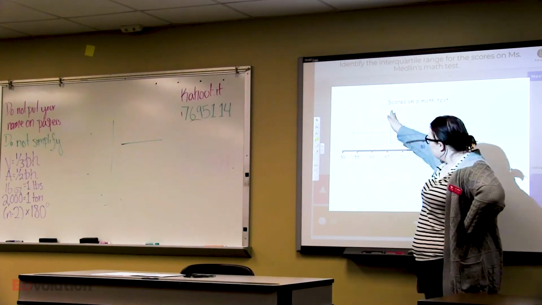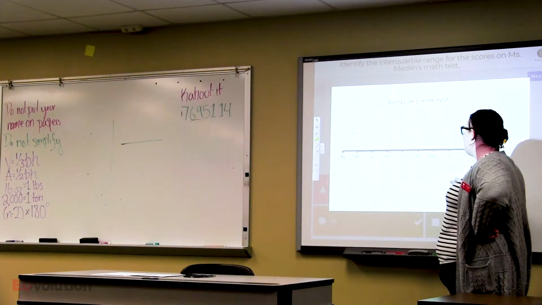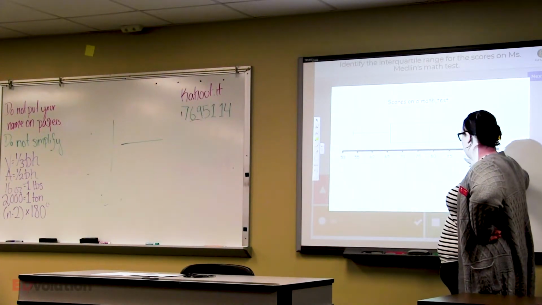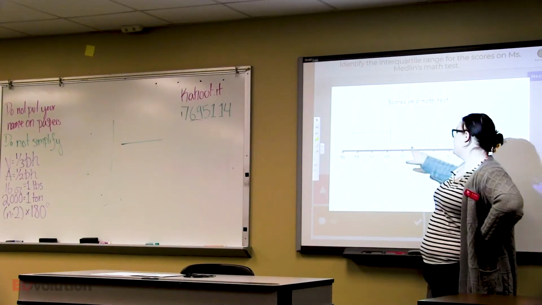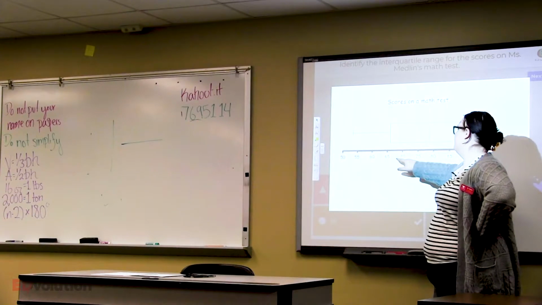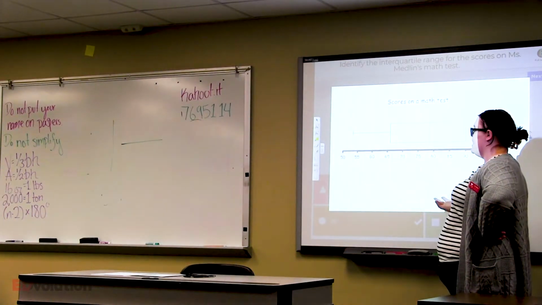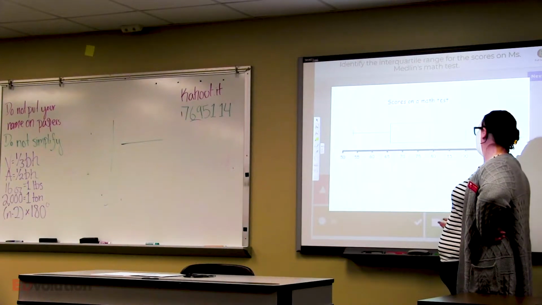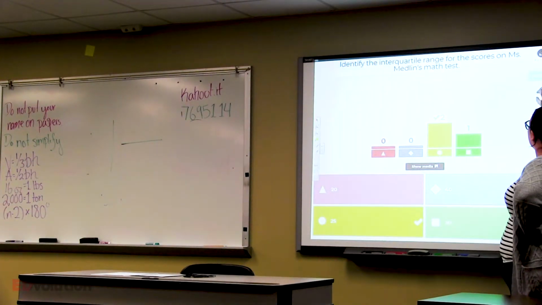So we're looking from 65 to 90. To find that range, we would take the biggest number at the farthest end of the box, 90, and subtract the beginning of the box, 65. 90 minus 65 is 25. So that would be our interquartile range.